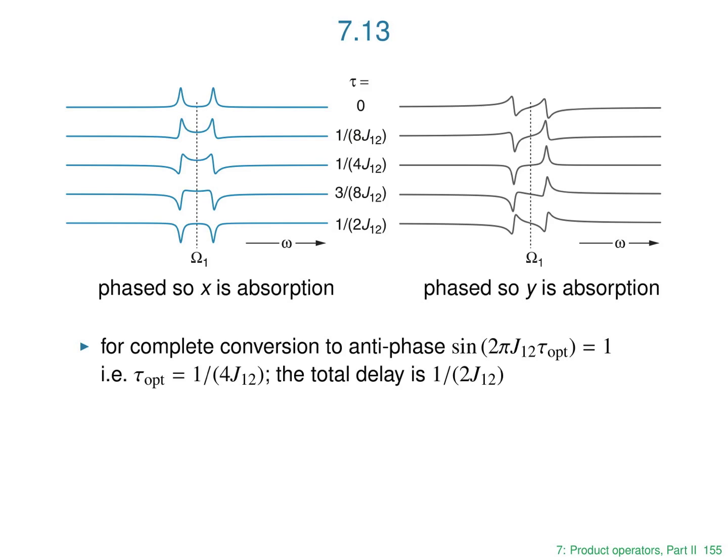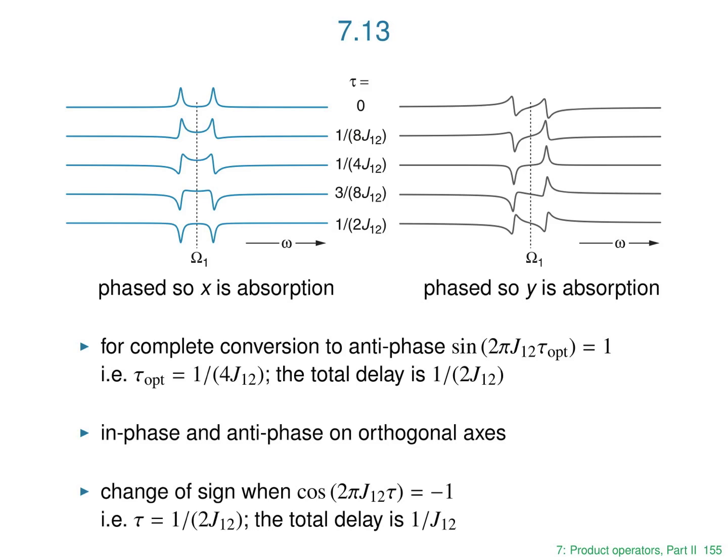You also have this rather curious business that when the delay is 1 over 2J, so the total delay is 1 over J, the signal changes sign. So this is a very peculiar system which, when you go around by 360 degrees, changes sign. In fact, you have to go around to 720 degrees to come back on top of yourself. And that's a curious property of these quantum mechanical systems.